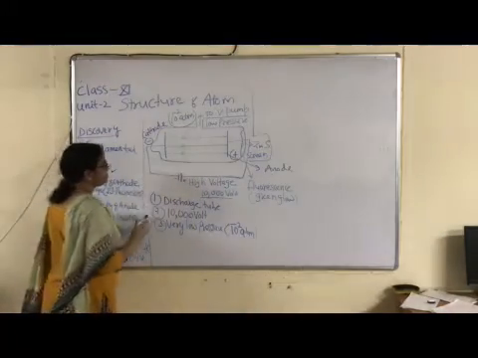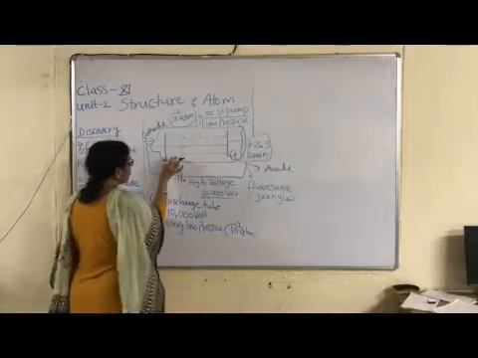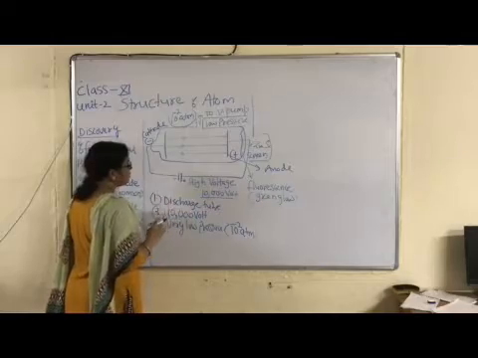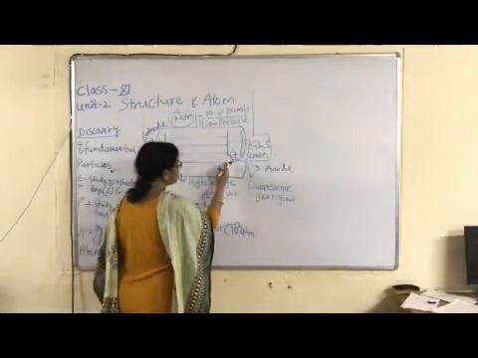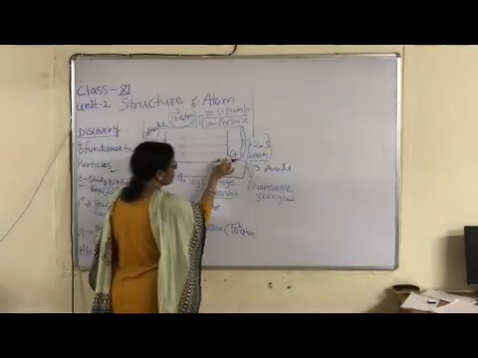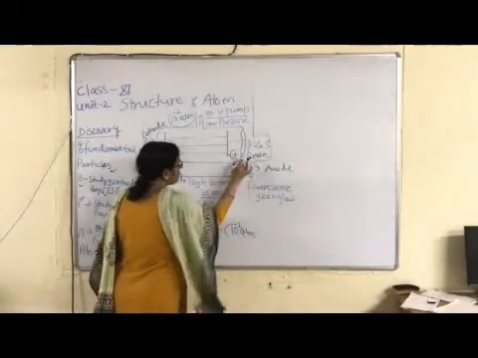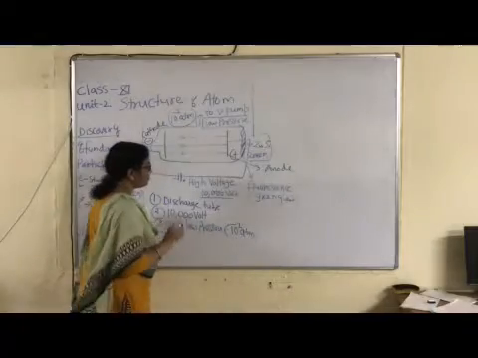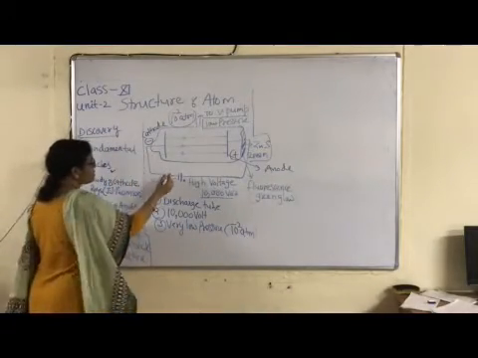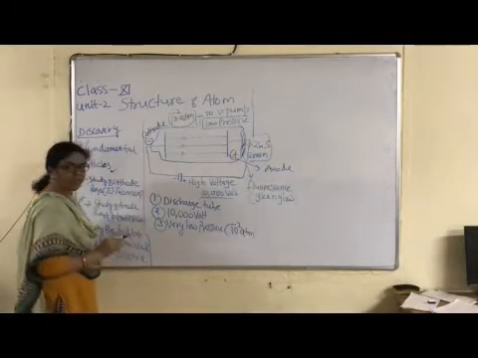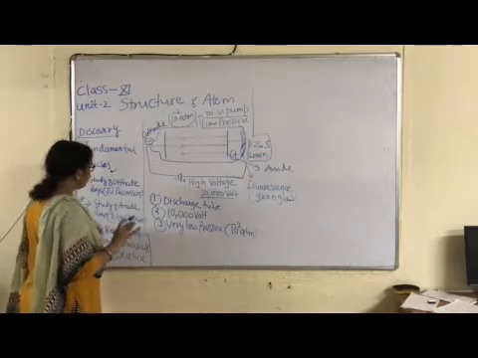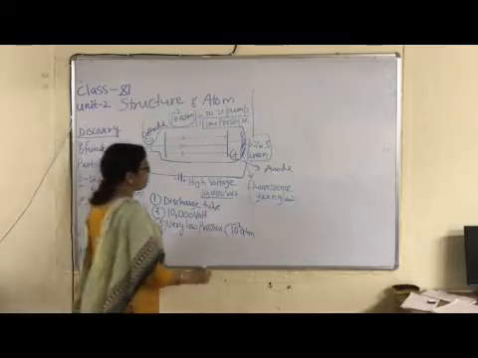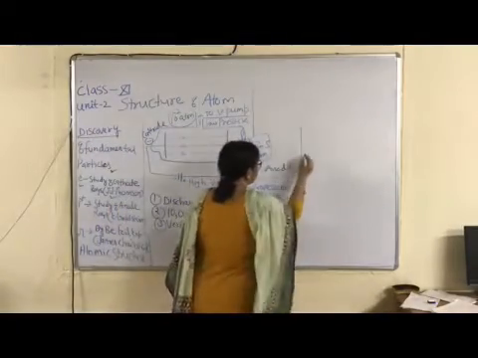Some rays arise from the cathode and travel towards the anode. When the rays penetrate this anode, they show fluorescence on this screen made of zinc sulfide. So rays which arise from the cathode are known as cathode rays. And who named the cathode rays? J.J. Thomson.